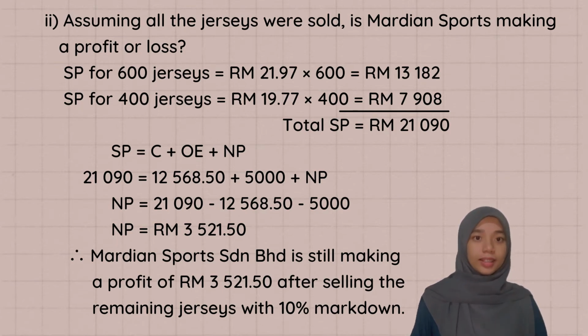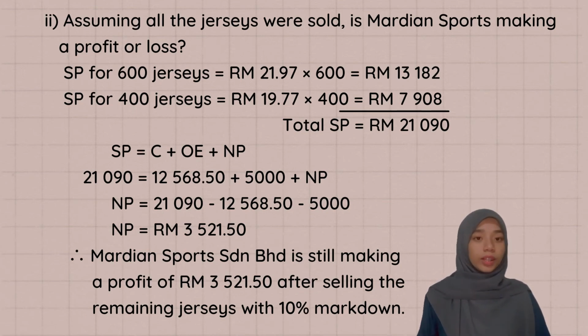21,090 ringgit. After that, we use the formula selling price equals cost price plus operating expenses plus net profit. So the selling price 21,090 equals the cost price, which is 12,568.50, plus the operating expenses of 5,000, and then plus the net profit.